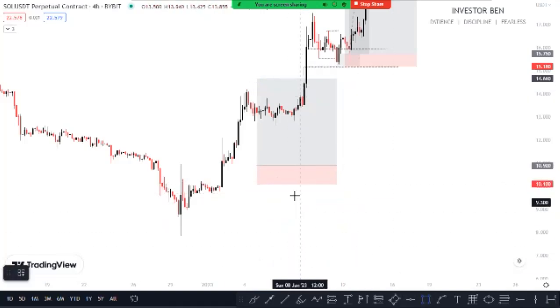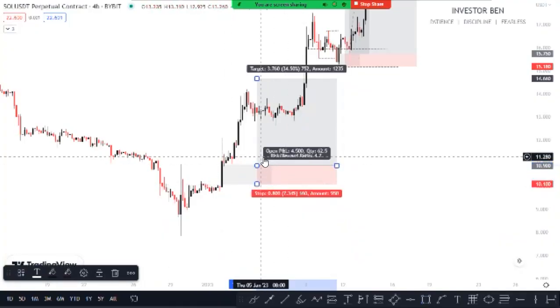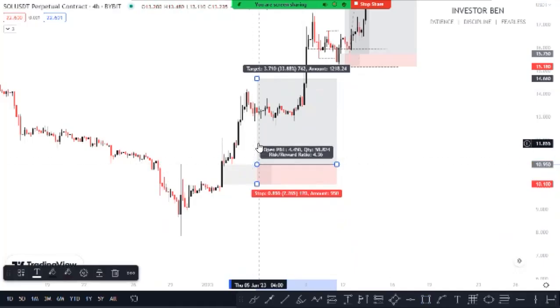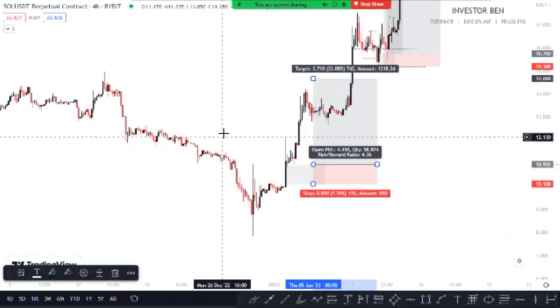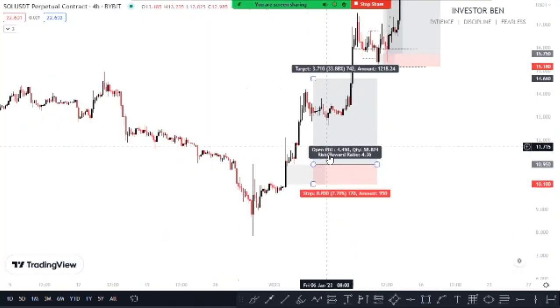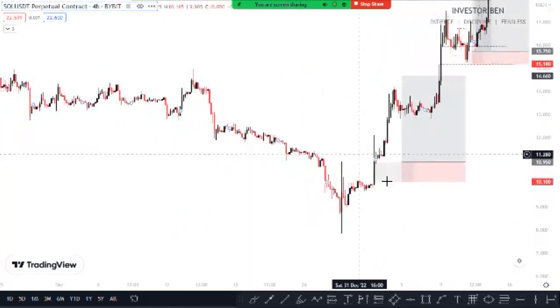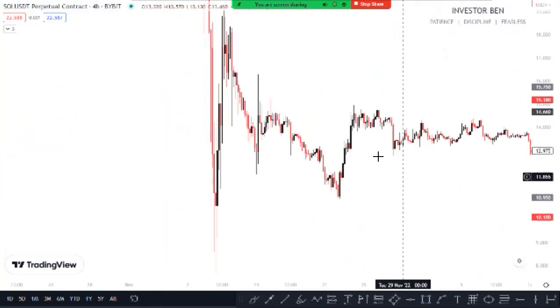You mark FVG, carry entry and put like that, no, don't do something like this. You will take a sell a billion times before you even find the one that will play out. So you wait for price to mitigate it first before you find entry. Yeah, that is how you trade the FVG region. You don't trade like this. This one is a no.